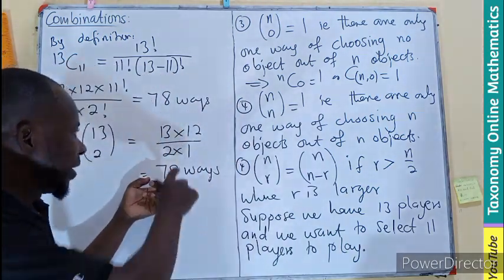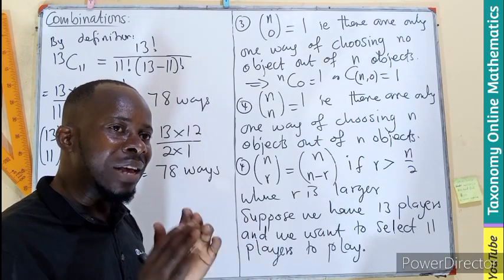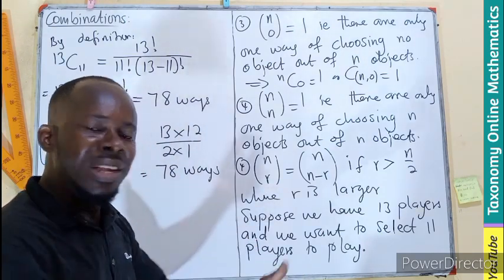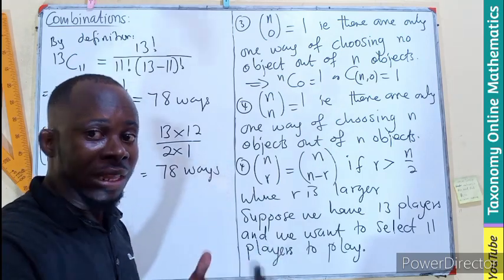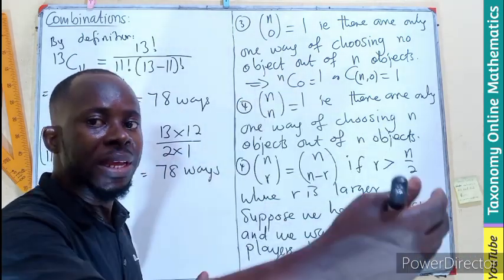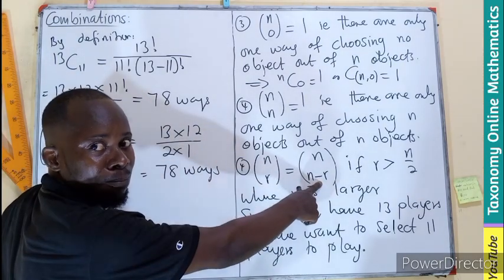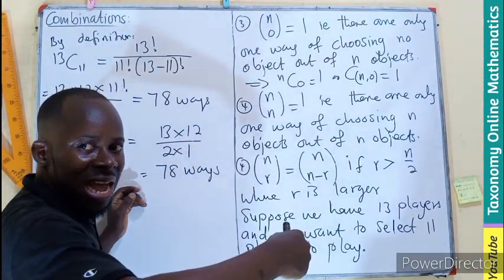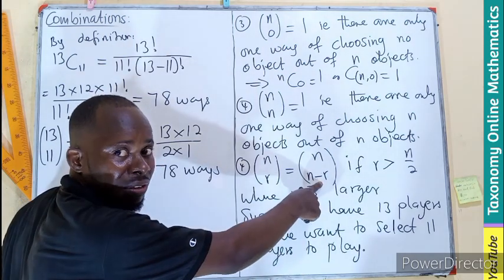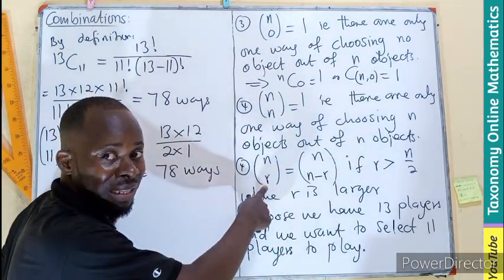Now, this aspect is also saying that if I have 11 players to select, it also means that there are two players that will not be playing at a time. All the time there will be two players that will not play. So that two players is what you are seeing displayed here. If I am selecting r, what is the remainder? The remainder in terms of the choice will also be the same as the selection I'm doing the first time.